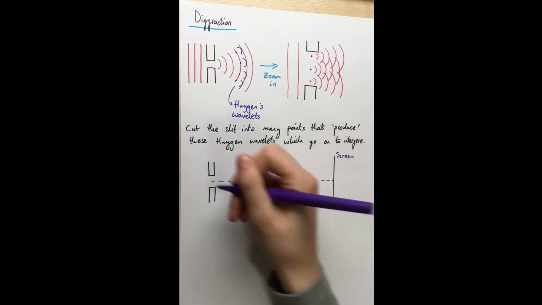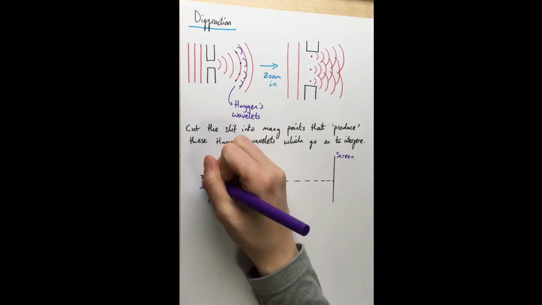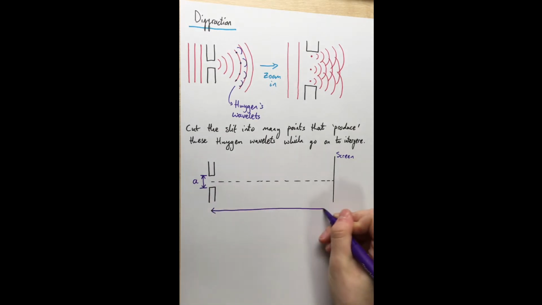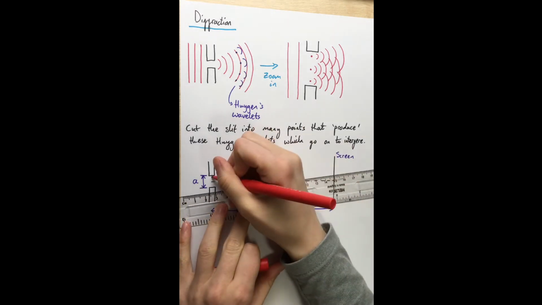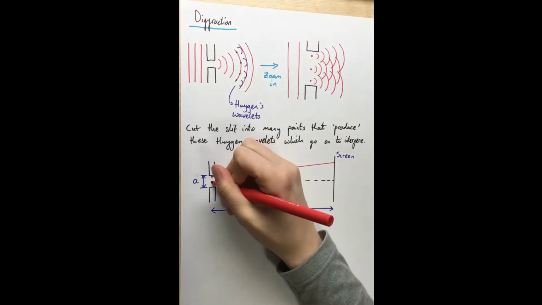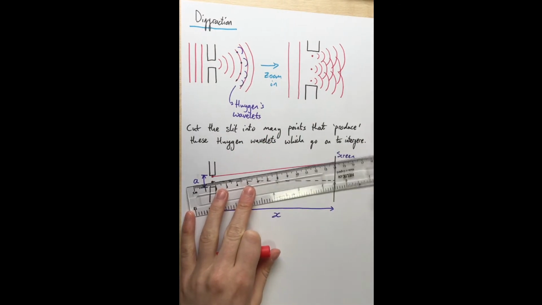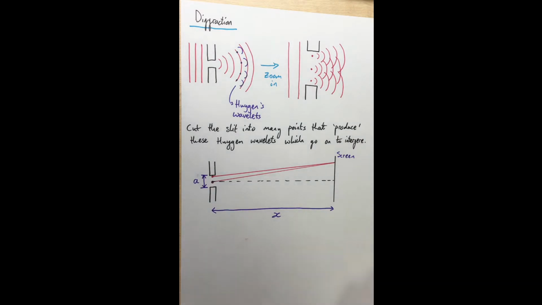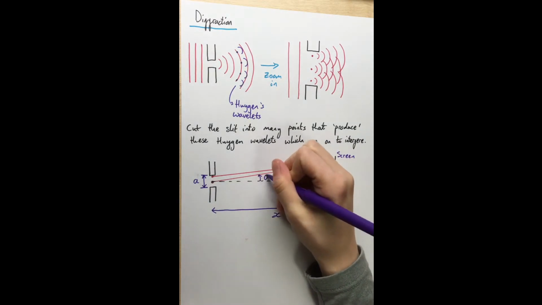Let's look a little more closely at how this works in just the one-slit experiment. Again, we subdivide up the slit into multiple different points that are each emitting wavelets. We have one at the centre of the slit.